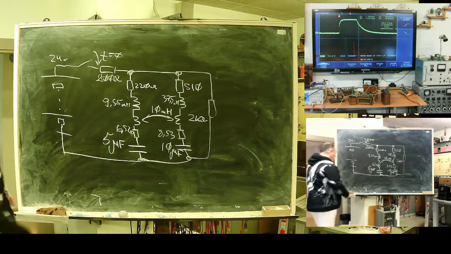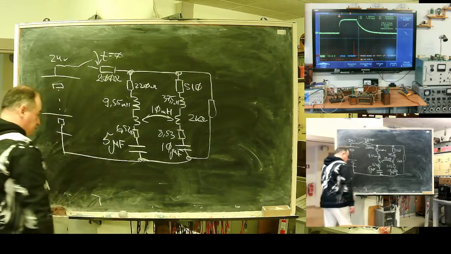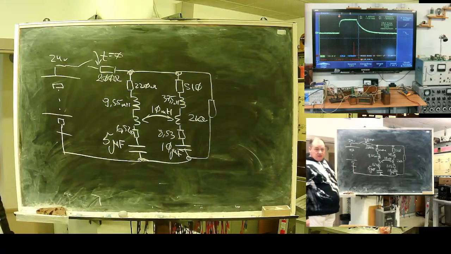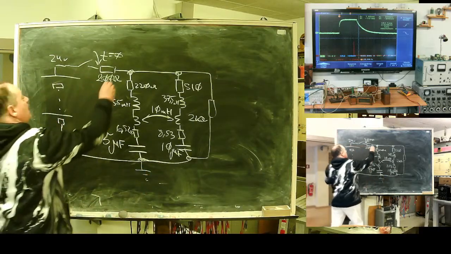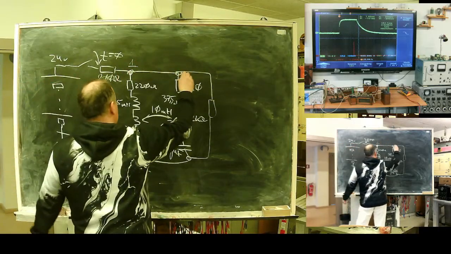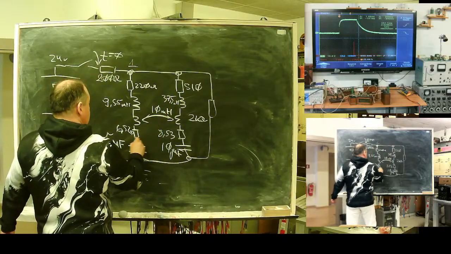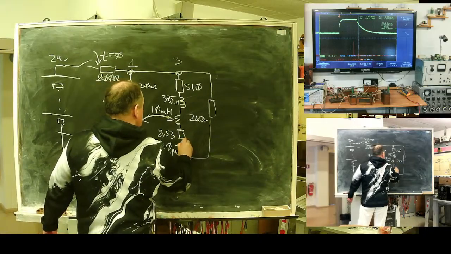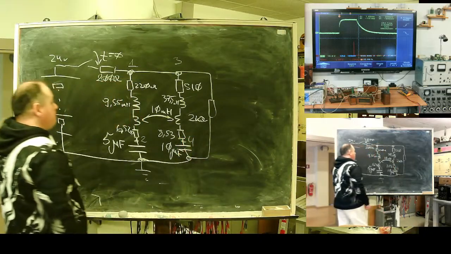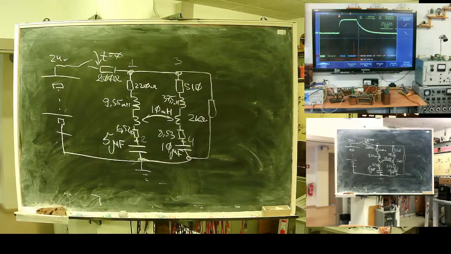Okay, what do I need to do? I need to put the schematic into my program. This will be my ground point. Then I need to assign numbers to nodes. I think 4 nodes is okay. I do not assign a number to the base node.